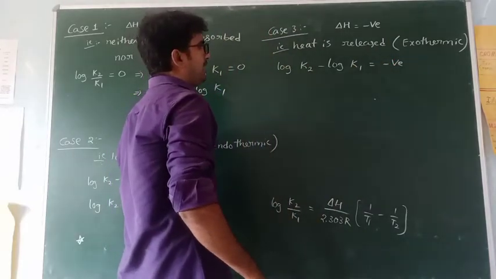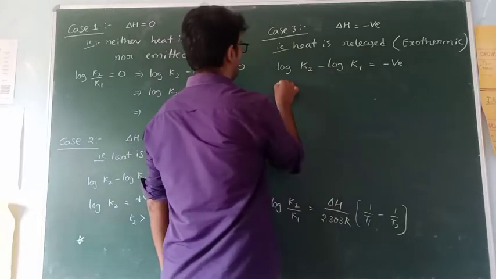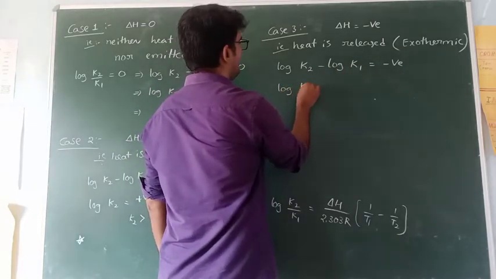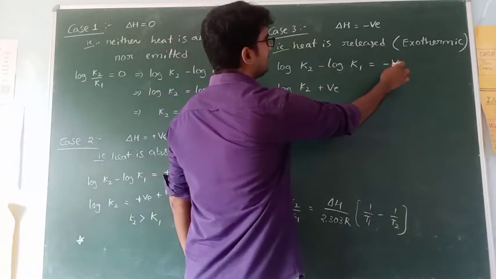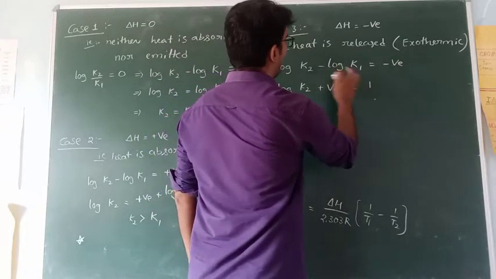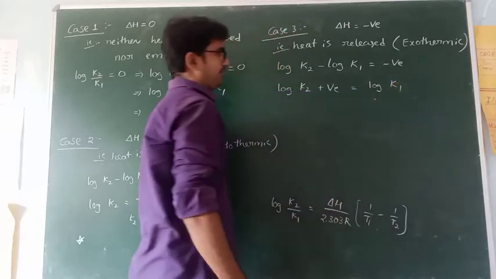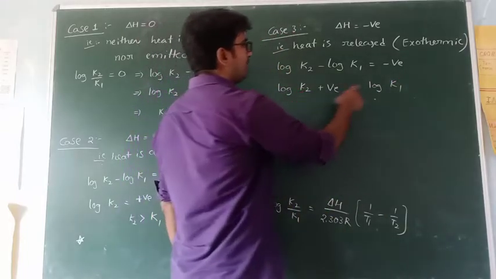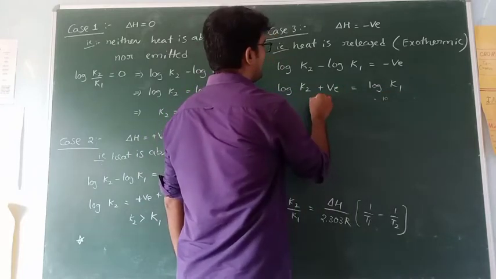This value moves to this side, that value moves to that side. So log K2, the negative value moves to this side and becomes positive. For example, if it is minus 10, moving to this side it becomes plus 10. This is equal to log K1 plus 10. So which is the bigger value, K2 or K1? For example, this is 10, this is 8 plus 2.